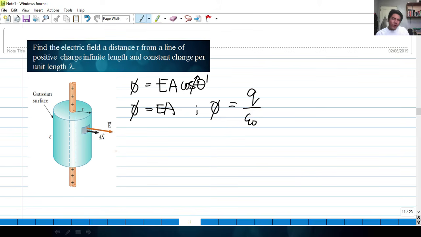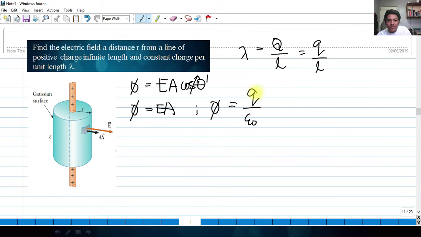In the problem, we have a positive charge of infinite length and constant charge per unit length lambda. So lambda is the constant charge per unit length, or Q over L. In order for us to use this lambda, the Greek letter lambda, we're going to substitute it into our Q here.